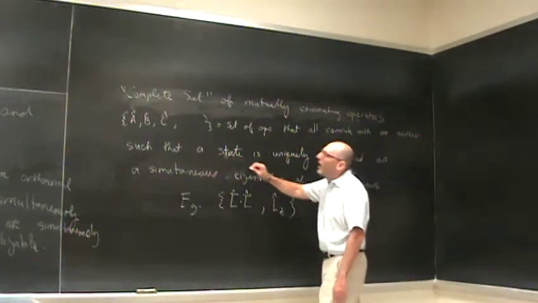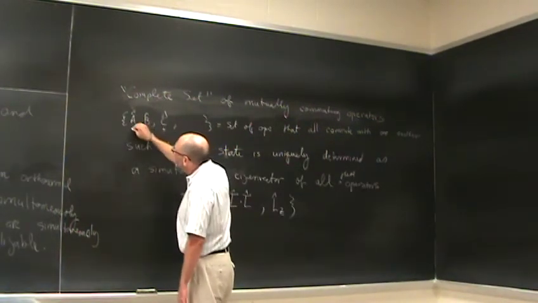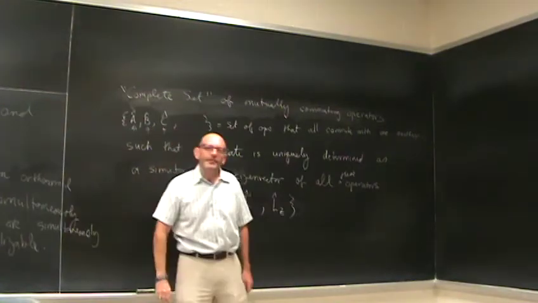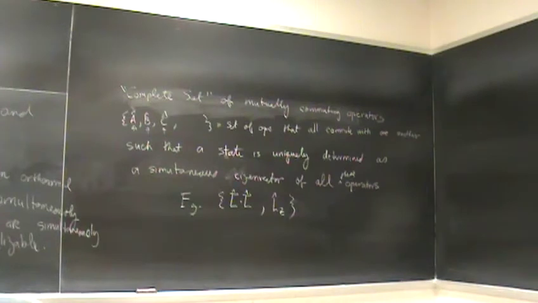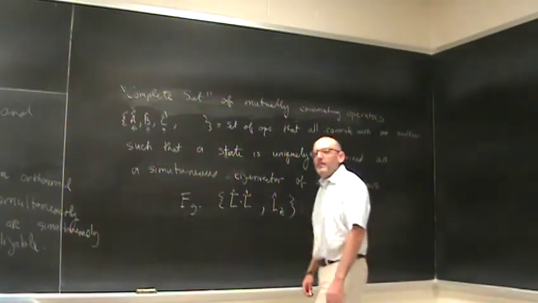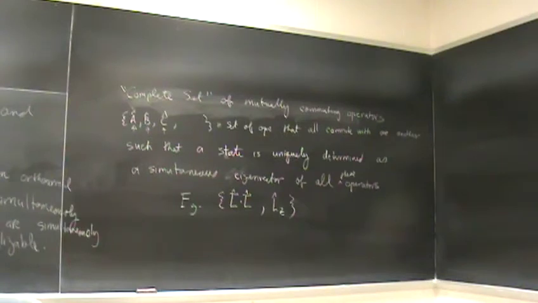The number of operators one needs in order to uniquely specify the state of the system as a simultaneous eigenvector is related to the number of physical degrees of freedom in the system. So for example, you know about the hydrogen atom. If I think about the hydrogen atom, forgetting about spin for the moment, and I ask you, how do I specify the energy levels of the hydrogen atom?